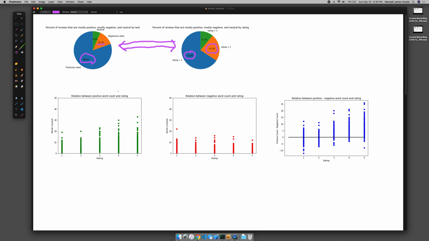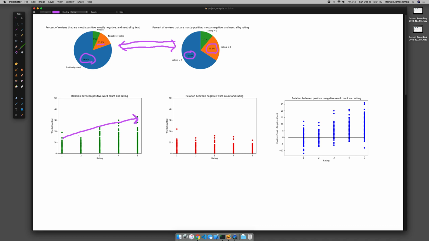But onward, a bit of a review on what we see for the amount of words counted for a given rating. Starting with this first one here, this is the number of positive words counted by rating for the first 1,000 elements in our data set. We can see a slight relation: we find more positive words as we increase our rating.